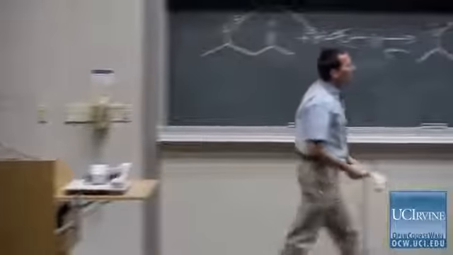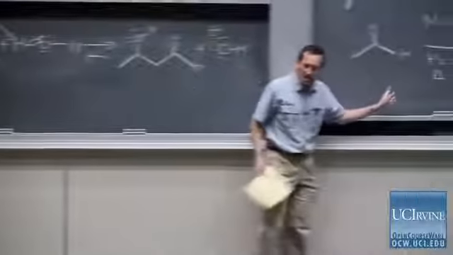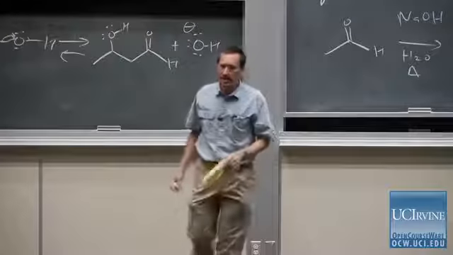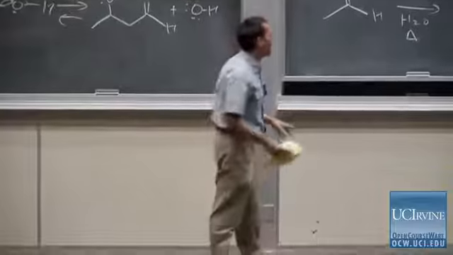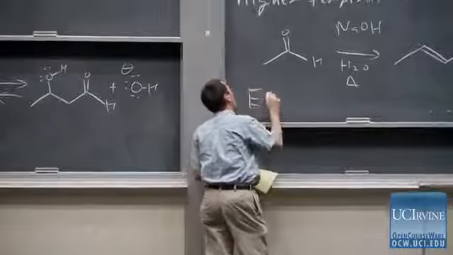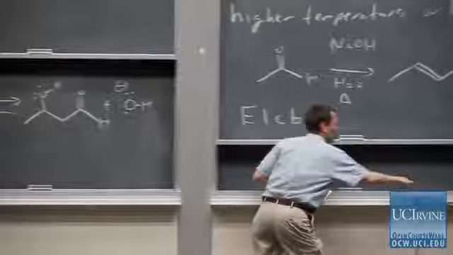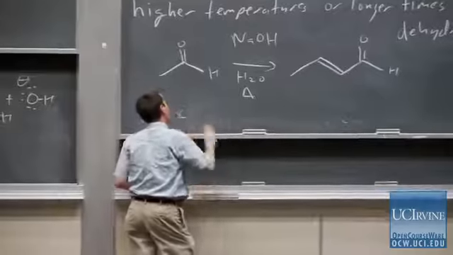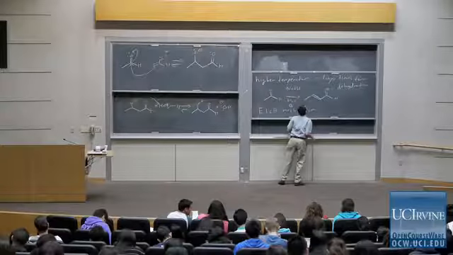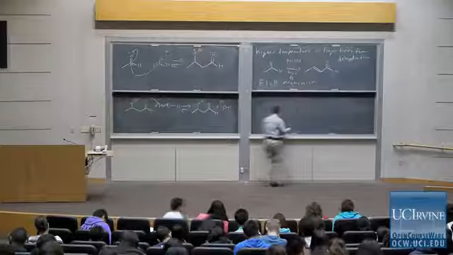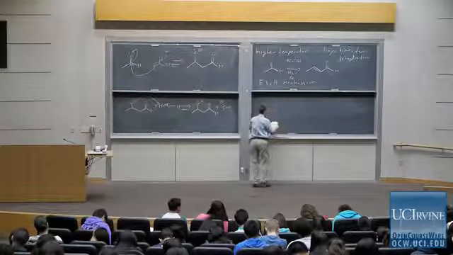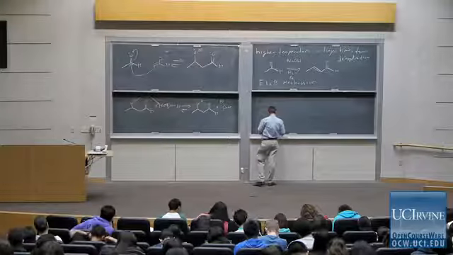All right, so what's occurring here? Everything that's occurred before is occurring, but now we're getting another reaction in addition, occurring as a result of the higher temperature or longer reaction times. And this is what we call an E1CB mechanism. It stands for elimination, unimolecular, conjugate base. Let me just show you what I'm talking about here.